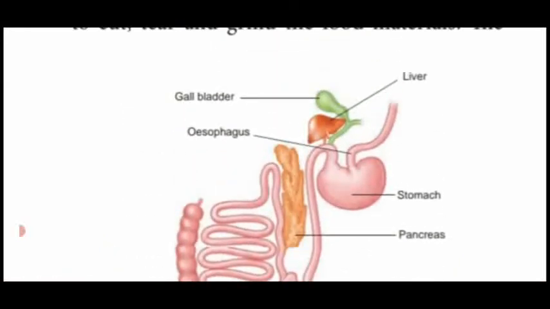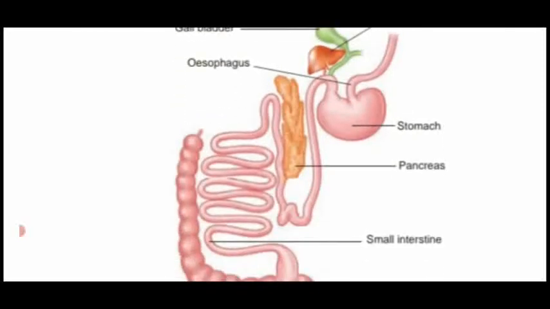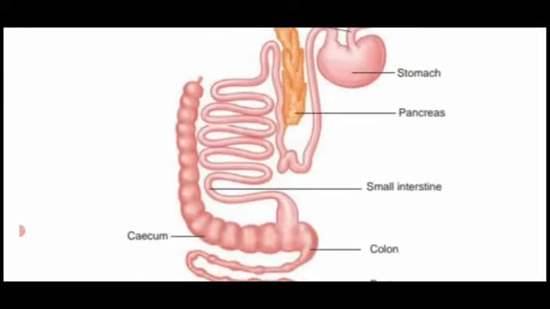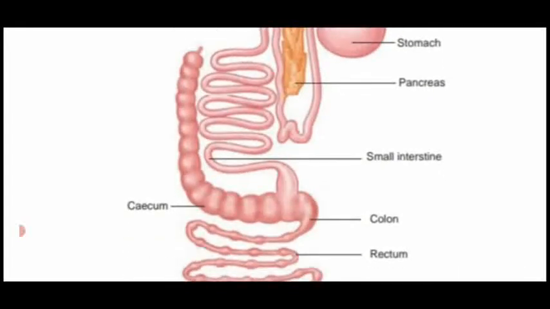The mouth is followed by a small tubular structure, present on the right side, named the esophagus, which opens into the stomach. From that stomach, the small intestine follows. At the end of the small intestine, there is the cecum, which is located on the left side.